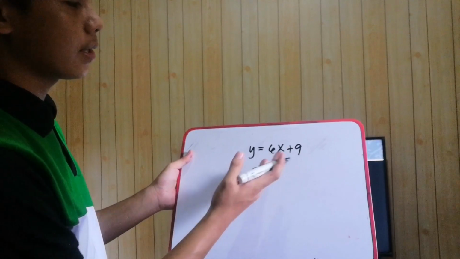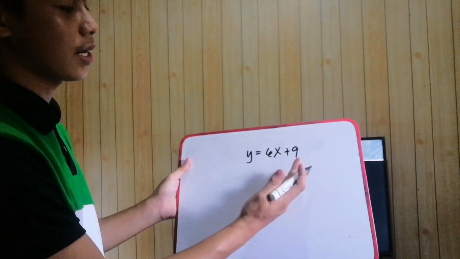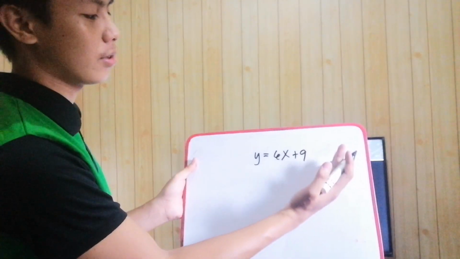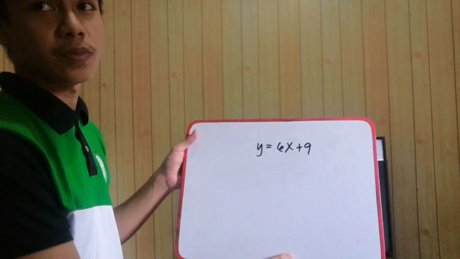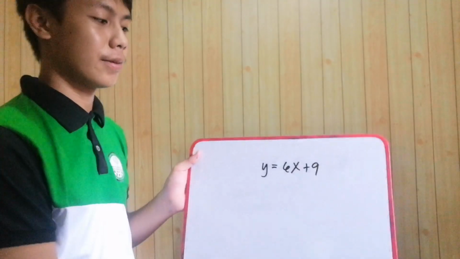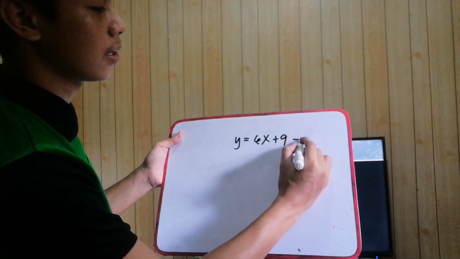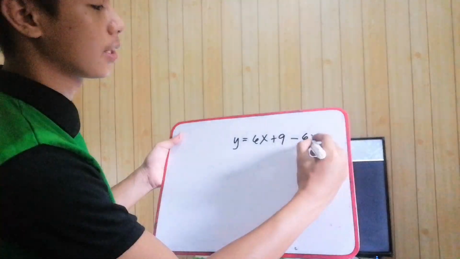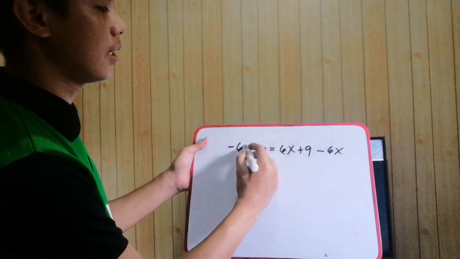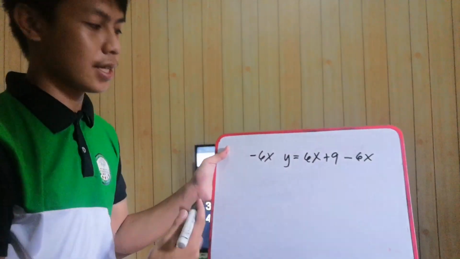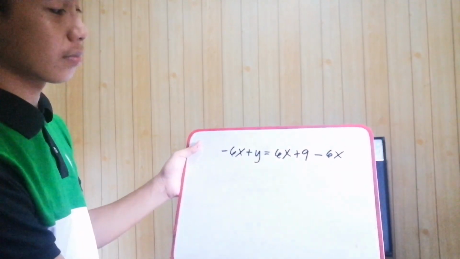Now, ano ang ating gagawin para si constant na lang, si constant 9 na lang matitira dito sa right side. So, pareha pa rin yung ating gagawin. Additive property ba din? So, since positive 6x, mag-add tayo ng negative 6x. At the same time, negative 6x din dito sa ating left side. So, positive y yan.